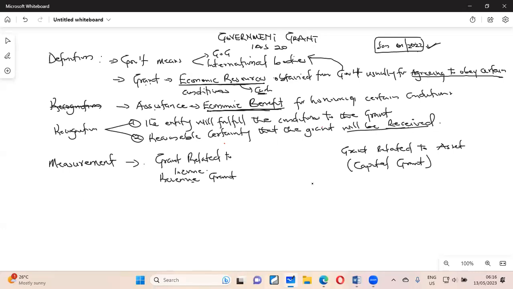So the two treatments are simple. Now, this one, we have direct offset. And we have, I want to call this one the deferred.